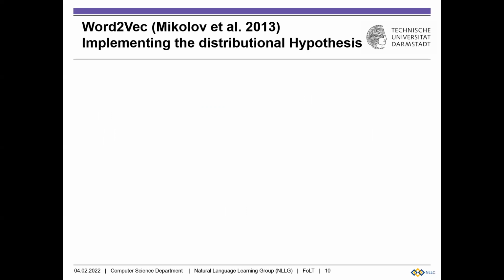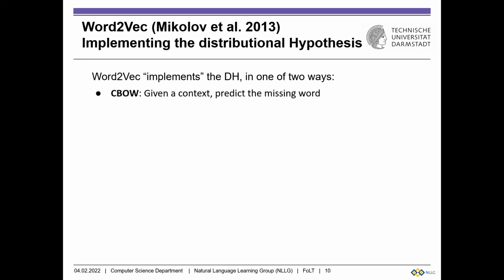If you know the context, you know the meaning of the word. And this idea is implemented in the famous word2vec model, which has been popularized by Tomas Mikolov and his colleagues in 2013. What they do is they implement the distributional hypothesis in one of 2 ways. So they have the CBOW model, where given a context, one predicts a missing word.